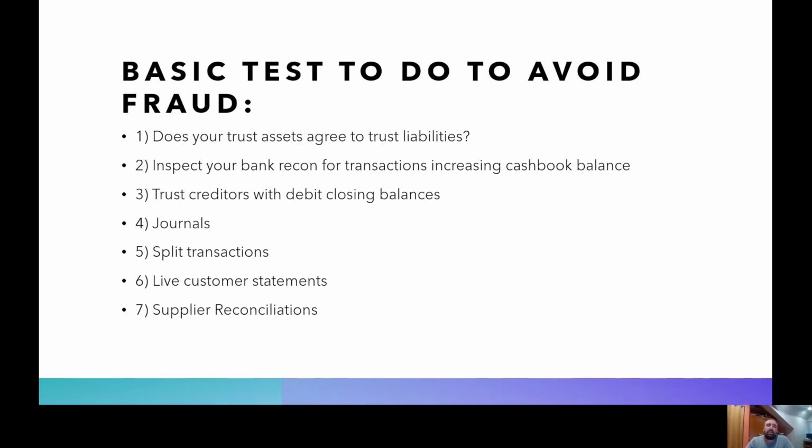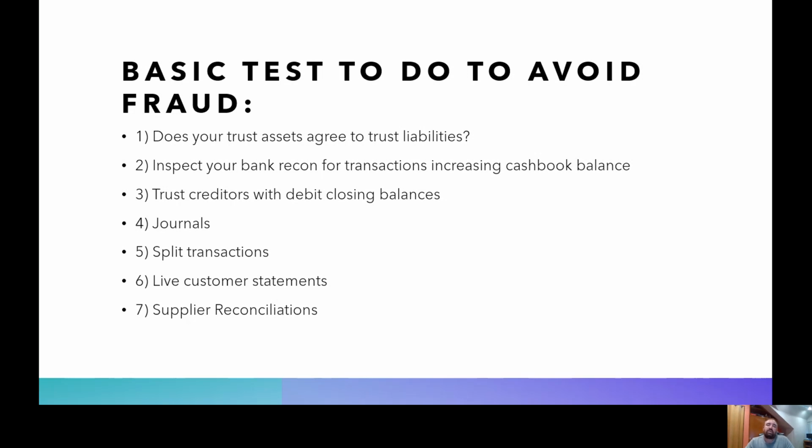Then trust creditors with debit closing balances. When your accountant sends you your list of trust creditors, you must make sure that all of those clients have credit balances. In other words, they have a positive balance in your trust. They've got money in your trust.